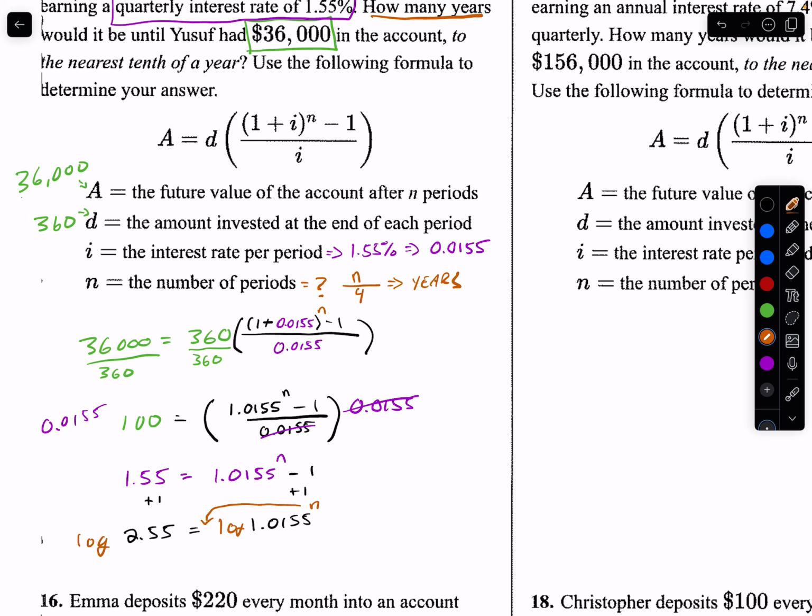So what that's going to leave me with, the number of periods is going to equal the log of 2.55 divided by the log of 1.0155. Why is that the case? Because remember, if there's an n in the front here, I just got to get rid of this. So the logarithm techniques are really what we want to make sure that we understand.